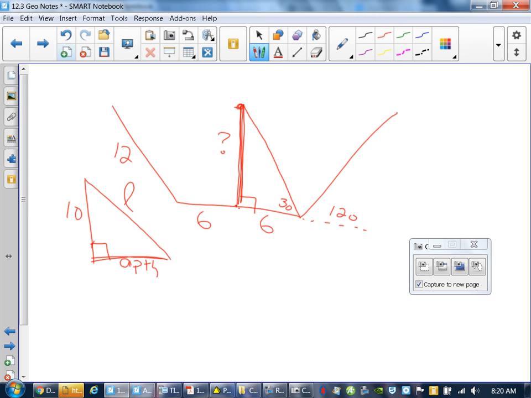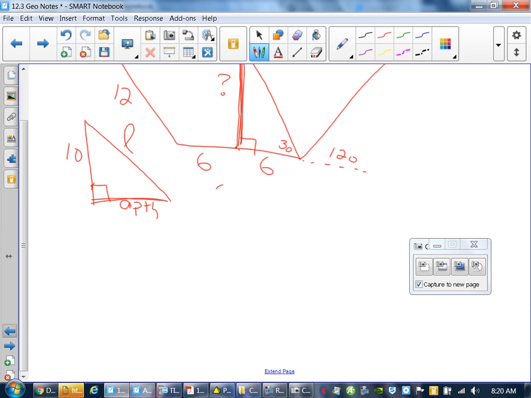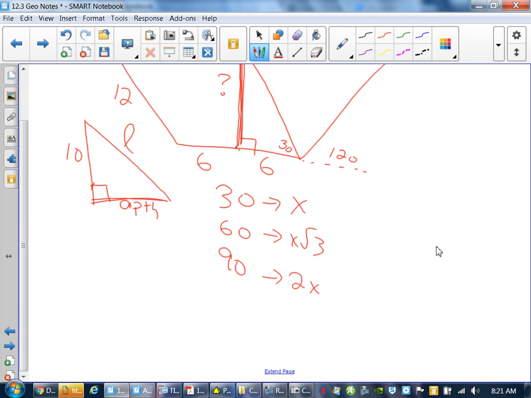Which means now, this is about as goofy as any of this stuff can get, you know that in a 30, 60, 90, you have side lengths of x, x root 3, and 2x. You know across from the 60 is 6.